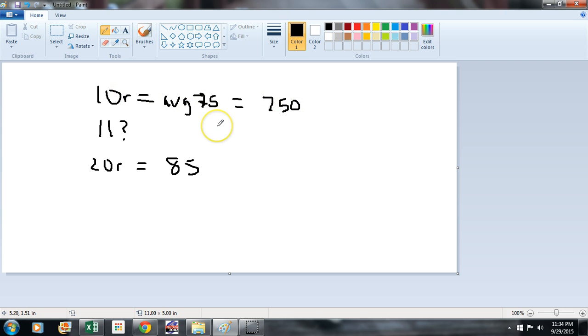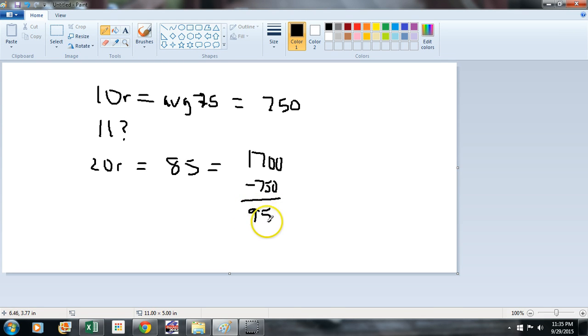Okay, we know that. And we know with 20 ratings at 85, if we multiply this, this gives us 1700. Okay. So with 1700 minus the 750, we are left with a value of 950.